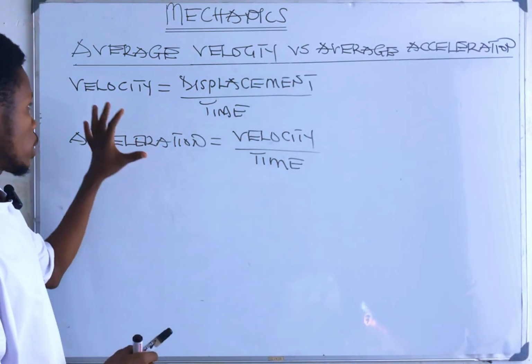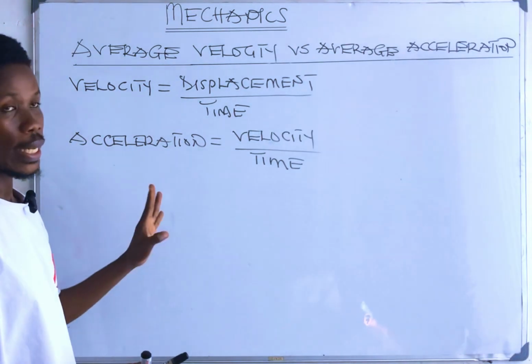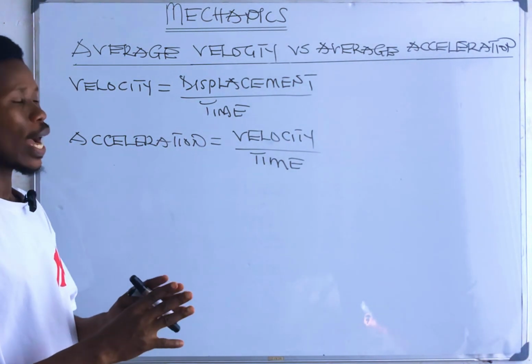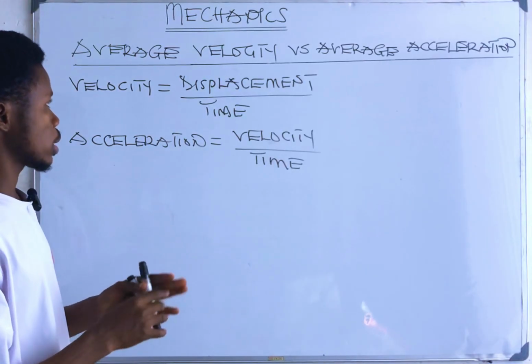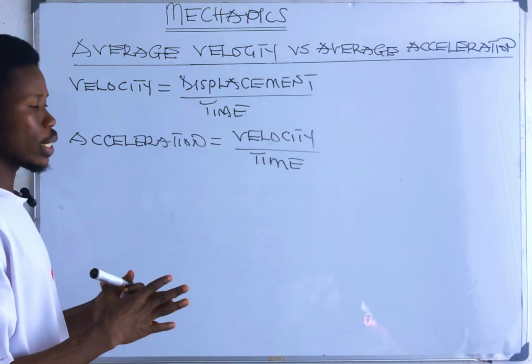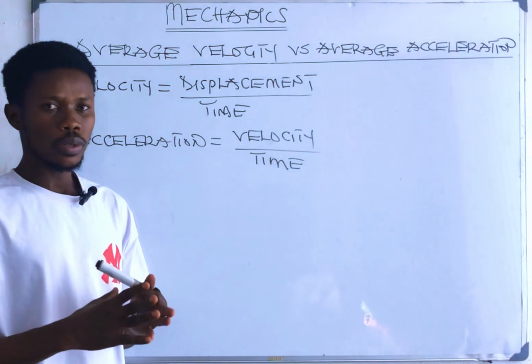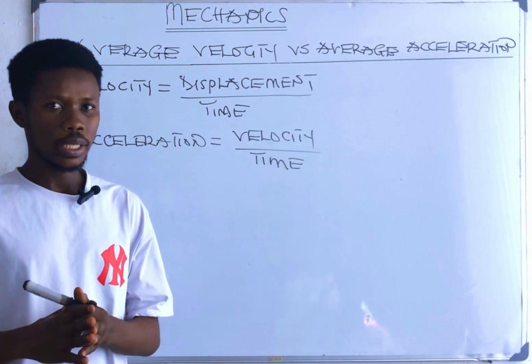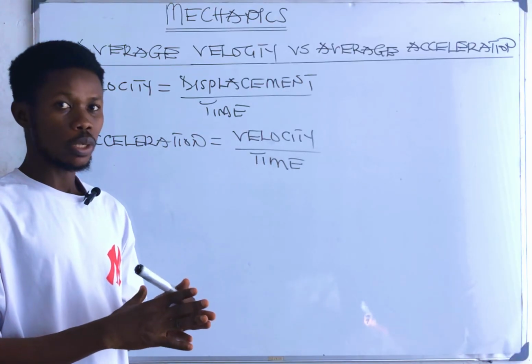So now these are the definitions of velocity and acceleration. But now we want to look at the average velocity. When we say average velocity, what we are just saying is that the average velocity is the total distance covered with respect to time.